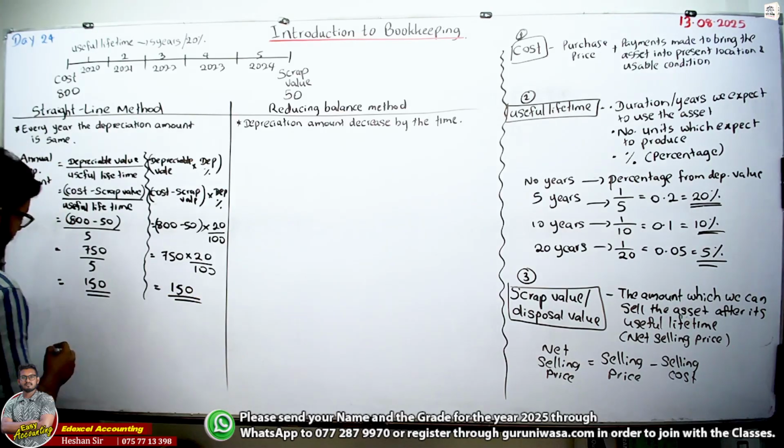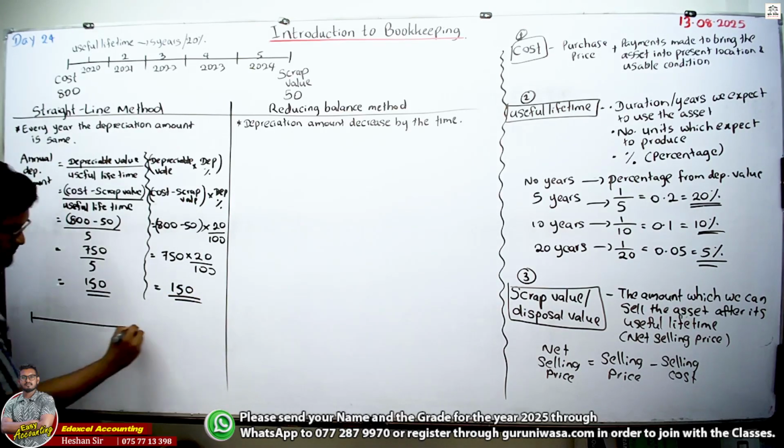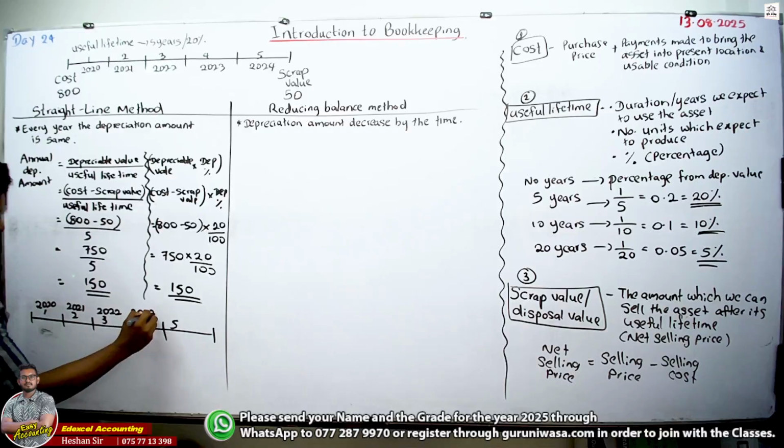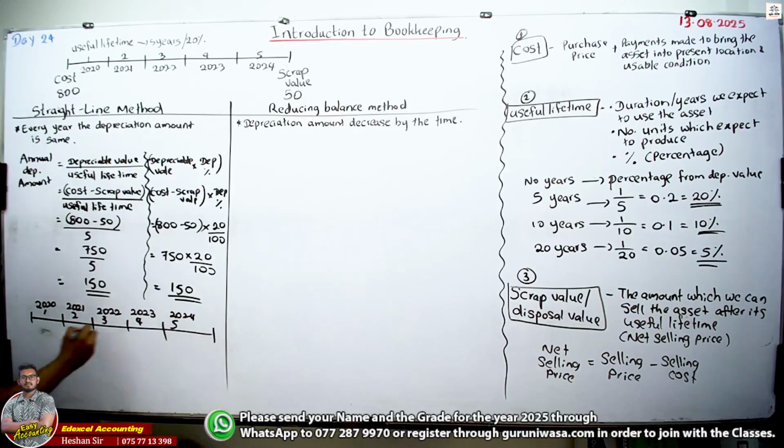So in the straight line depreciation method, 1, 2, 3, 4, 5, years from 2020.